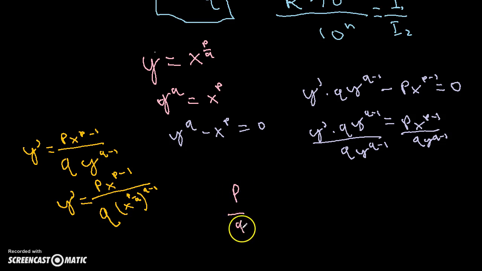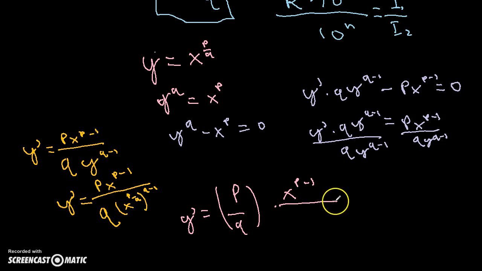So it's going to be p over q, and y prime equals this multiplied by x to the p minus 1 over x to the power, which is multiplied out because it's raised to that power. So we're going to have x to the pq minus p over q, and that's the exponent.